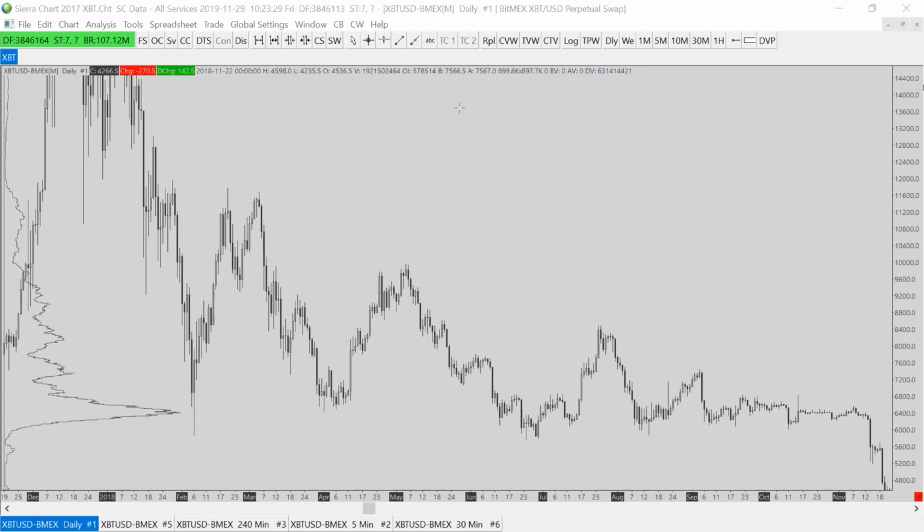So yeah, if a support or resistance level is forming, that level will always be reflected in the profile as a ledge or low volume node.